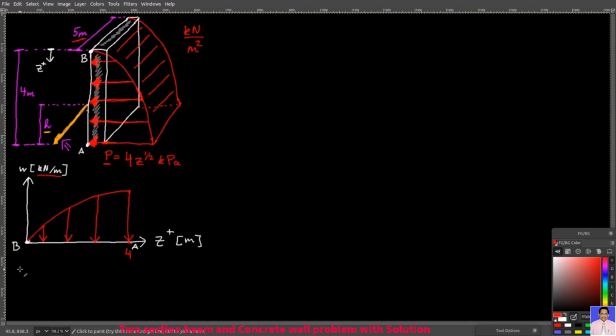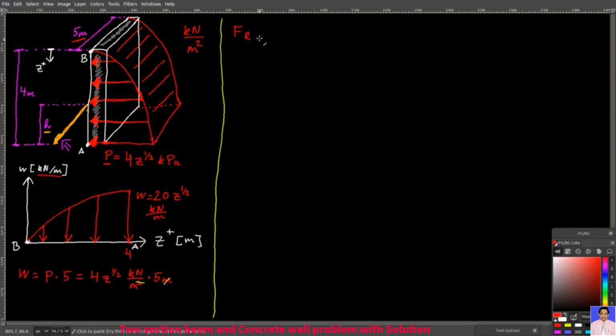So that means that W equals pressure times 5 meters. This is the pressure distribution in kilonewtons over meter squared times 5 meters. And so you're left with W equals 20 times Z to the power of 1/2, and that's in kilonewtons over meter.